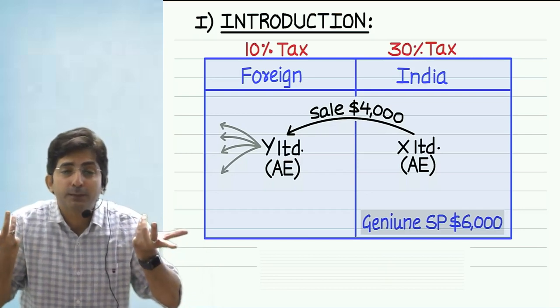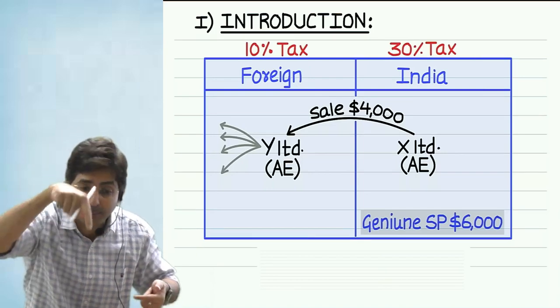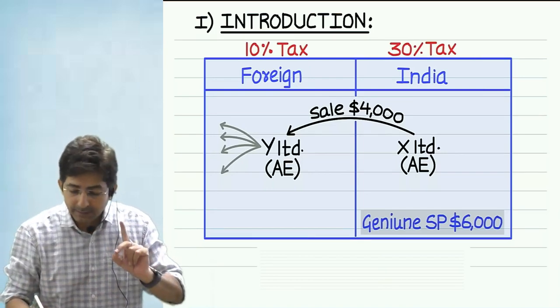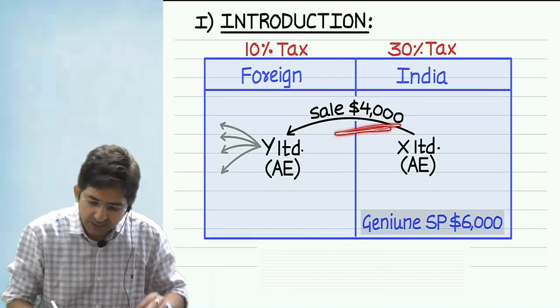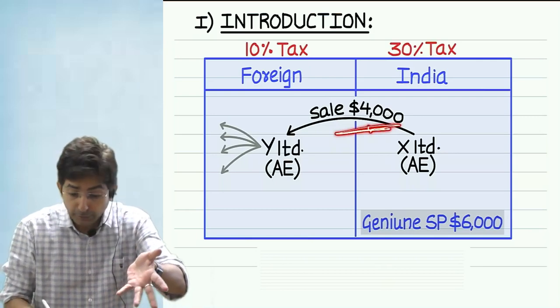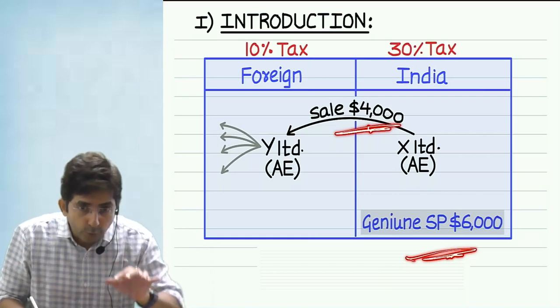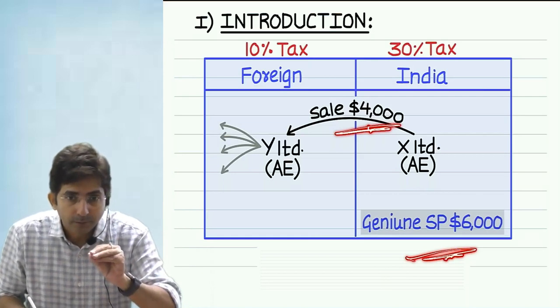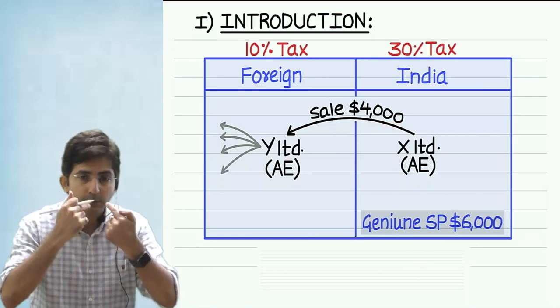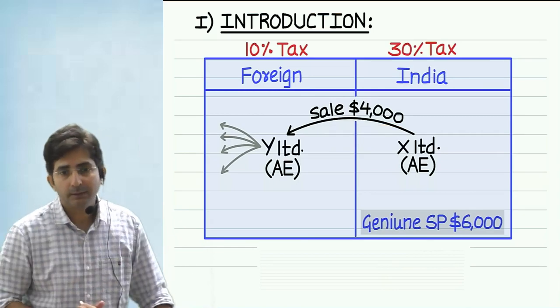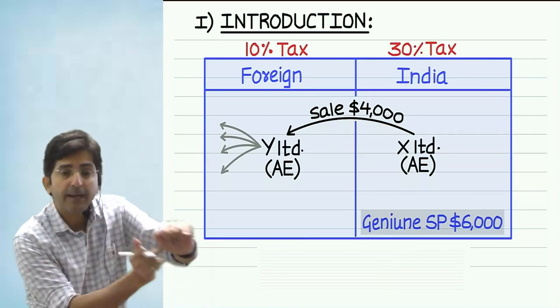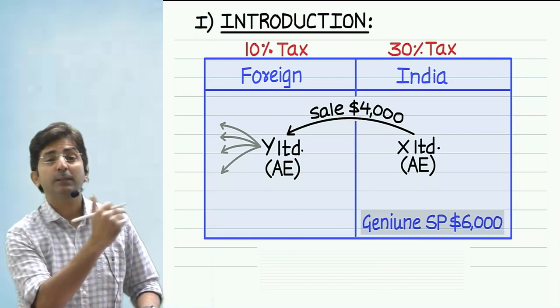Which profit is shifted? Profit of $2,000 in my example. See, by reporting the sales at just 4,000 instead of the genuine figure of 6,000, I am reducing my profit by 2,000. So that $2,000 is profit in my example, right? And that profit is shifted. Why did I say it shifted?